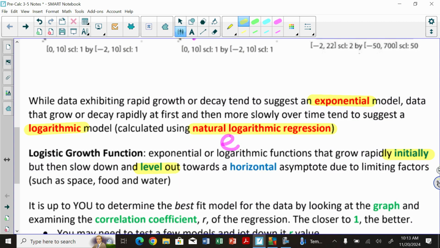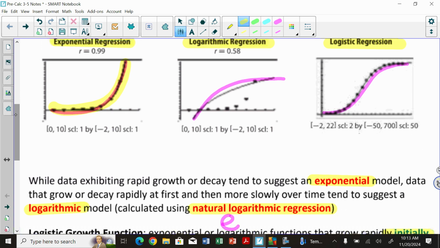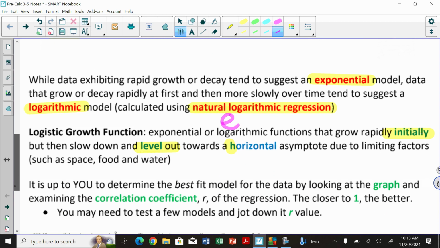And that might be due to some kind of horizontal asymptote, and it might be due to some limiting factors that we have, like space, food, water, real life things that might make it level off. So you can see here, it starts to go up rapidly like an exponential or like a logarithmic, but then starts to level off at some point, okay?